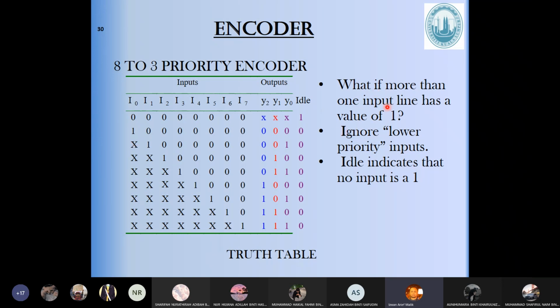So when you have this situation here, for the priority encoder, what you have to do is ignore the lower priority inputs. We ignore them. For example, say I7 is high, and I3 is also high. You ignore the I3, you take the highest one. So the output will become 111. It will not become 011, which is 3. That is why it is called priority. The highest one is the output. The lower ones we leave out. We ignore.